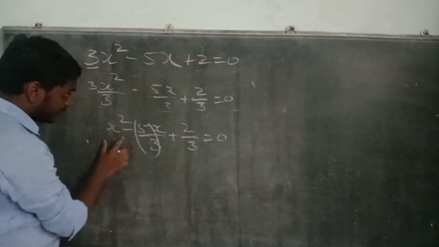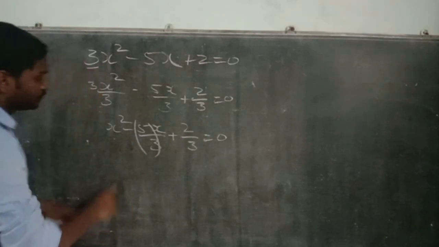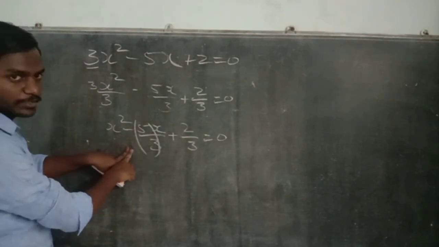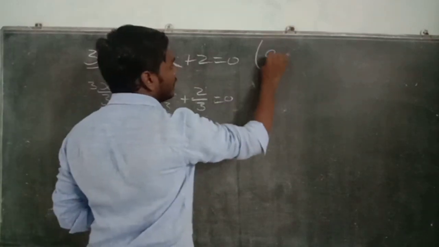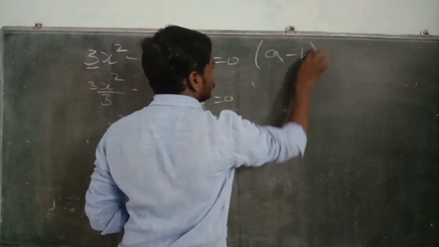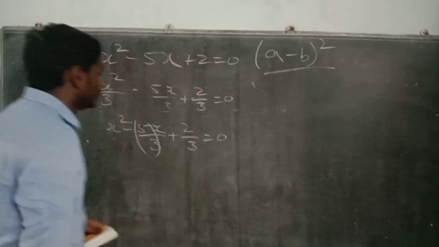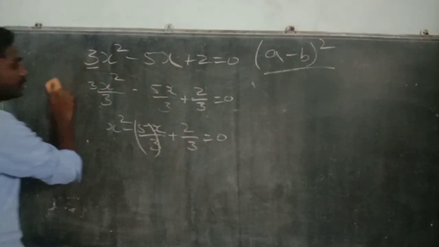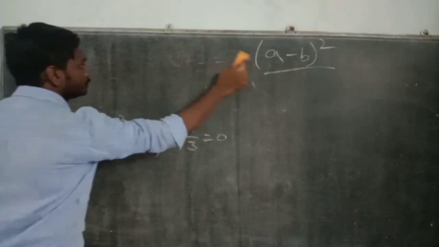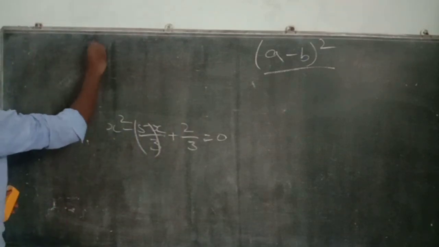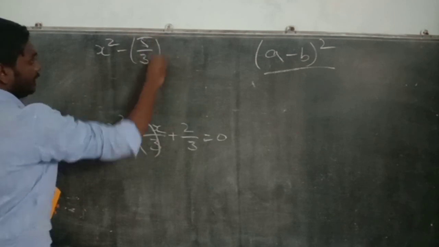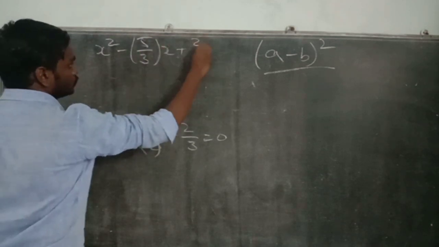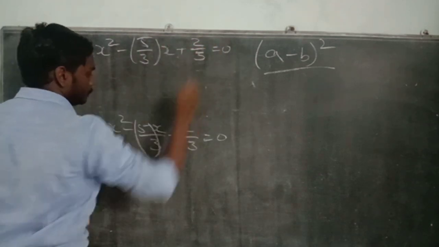Now, to change this equation into a square minus 2ab plus b square, I am trying to change this equation as a minus b whole square. Okay. Now let me convert this, look, x square minus 5 by 3 x plus 2 by 3, that is equal to 0.